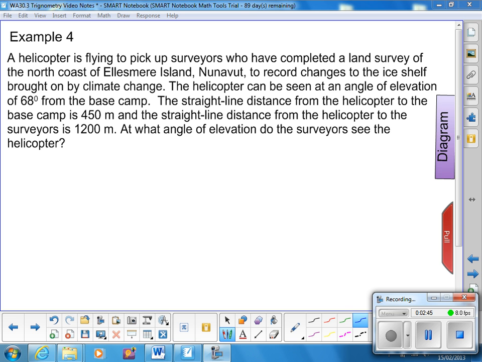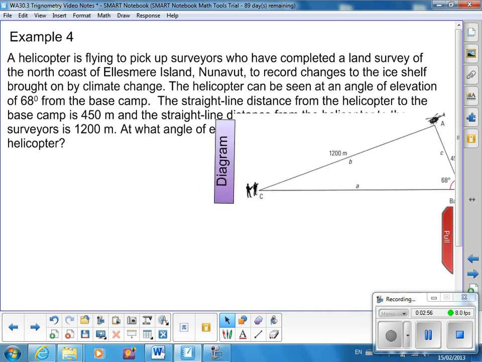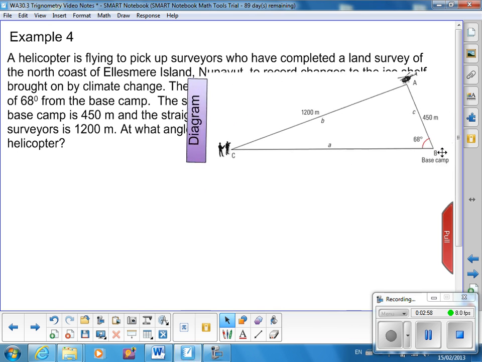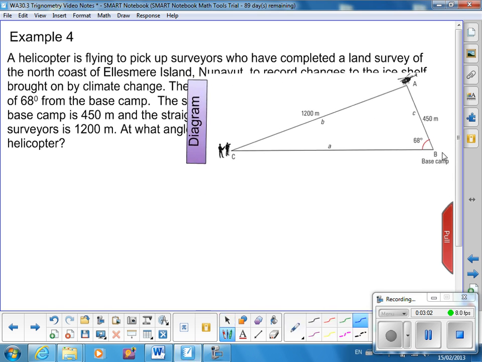So the first thing you need to do is draw yourself a diagram. You need the helicopter, the base camp, and the surveyors in a triangle. So we're going to pull out our picture. Okay, so I need to calculate the angle of elevation. So this angle here, the angle at which the surveyor sees the helicopter.